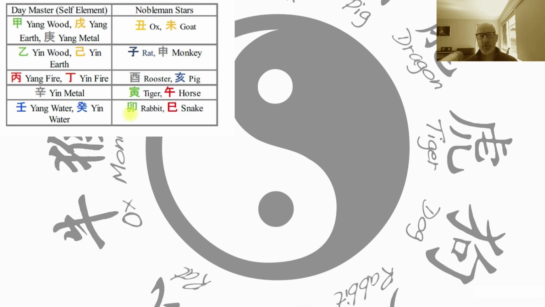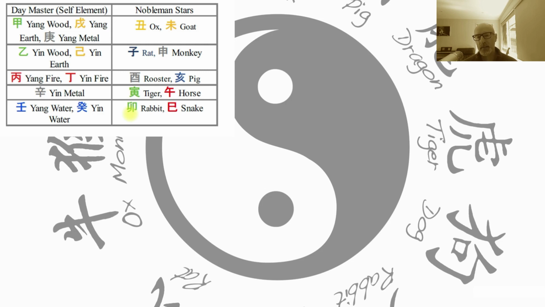But Nobleman Stars do help you push through to achieve success in your destiny. And I think we always need help from certain individuals. So when the Nobleman Stars do come in years, which they can, and through luck cycles, if you don't have them in your 4 pillars, this is how Chinese astrology works.